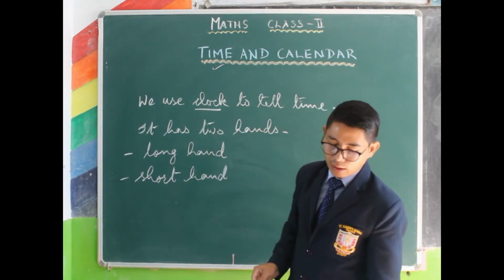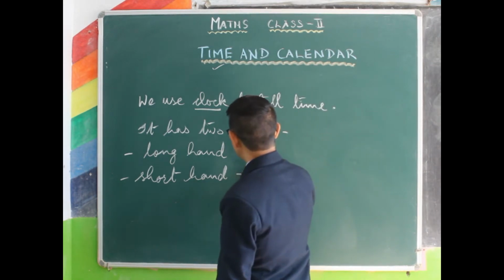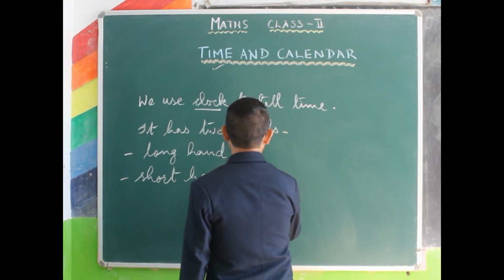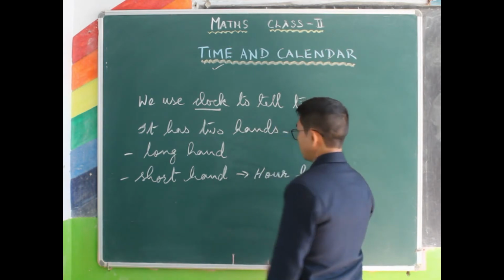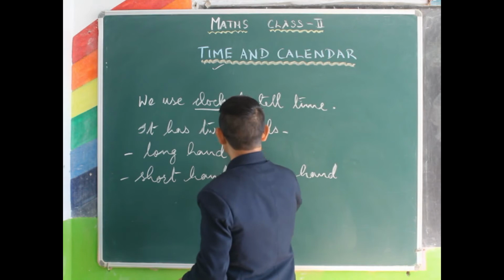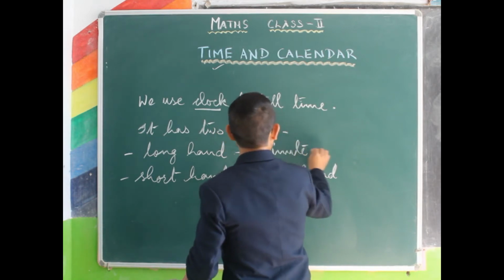The short hand is called the hour hand. So this short hand is called the hour hand. And the long hand is called the minute hand.